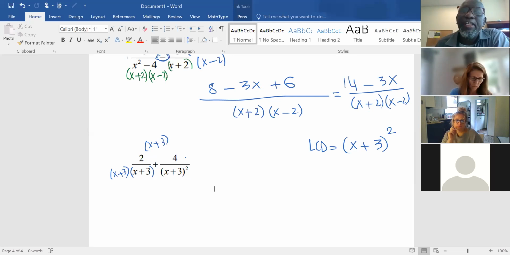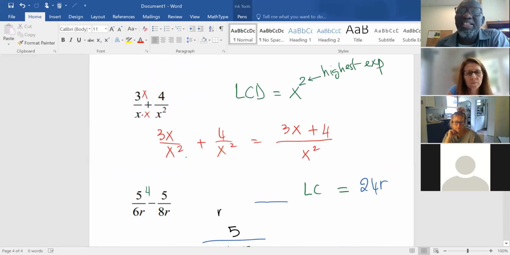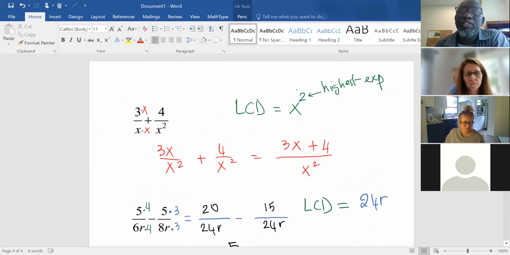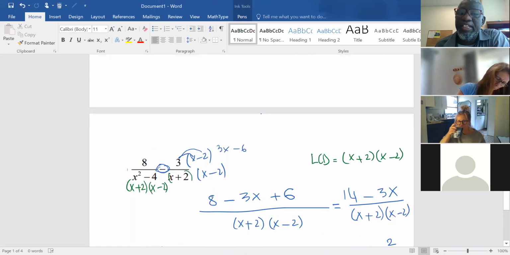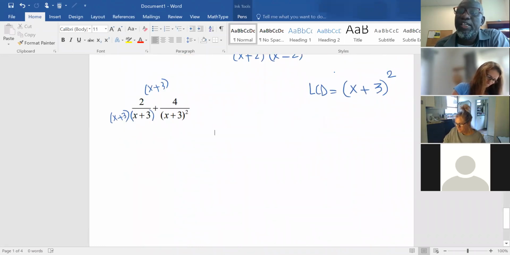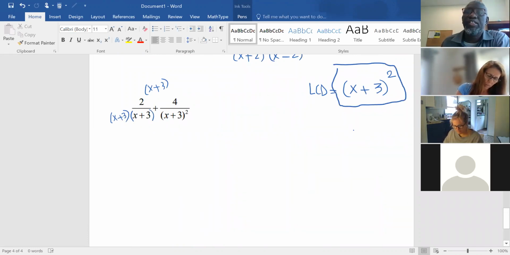I remember our very first example in this class. When that happens, we take the one with the highest exponent. So I can tell, without any breaking down, the LCD would be x plus 3 squared, which is x plus 3 times x plus 3.